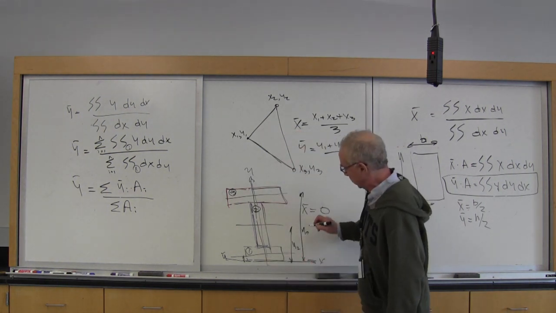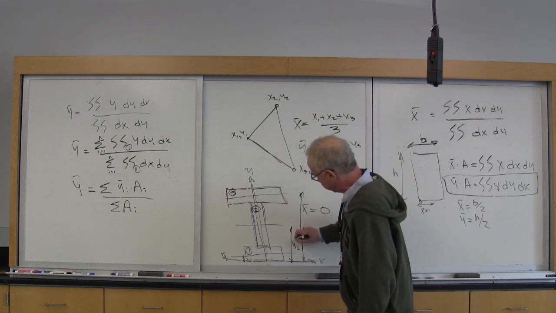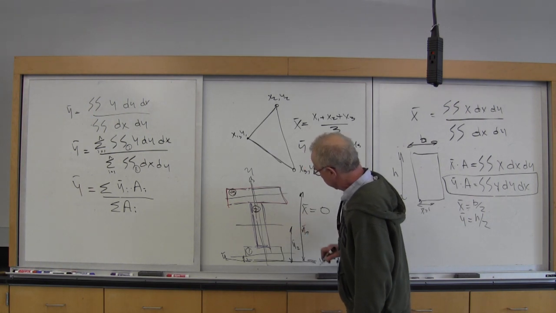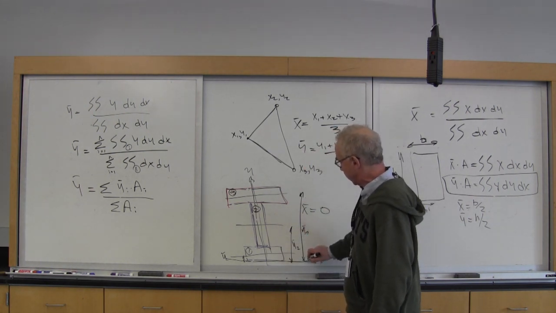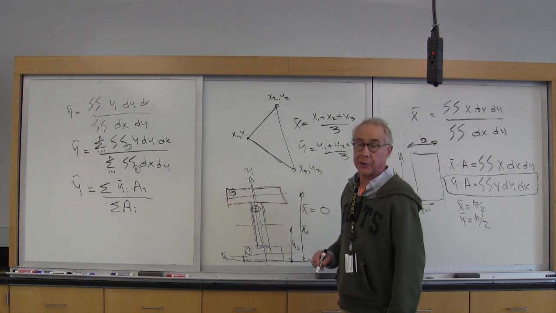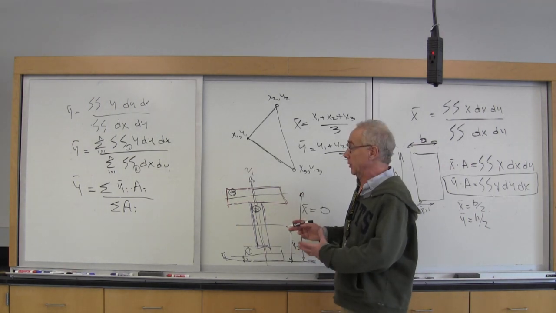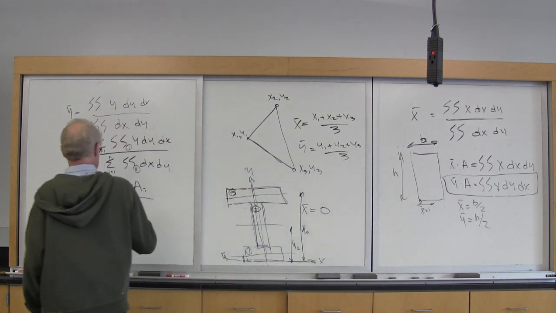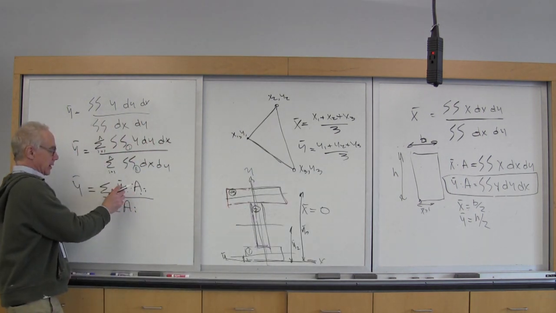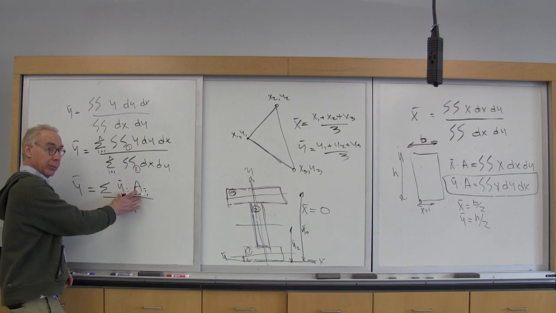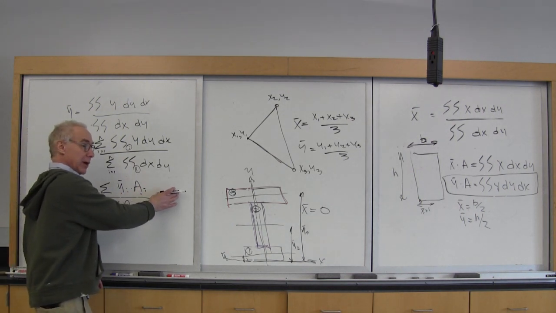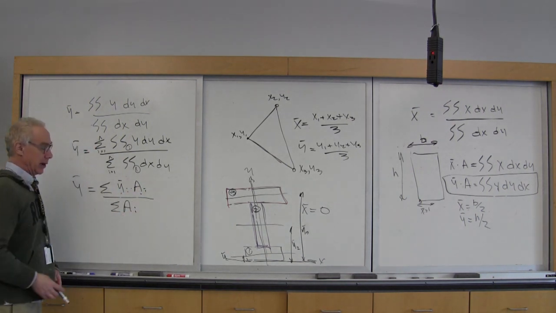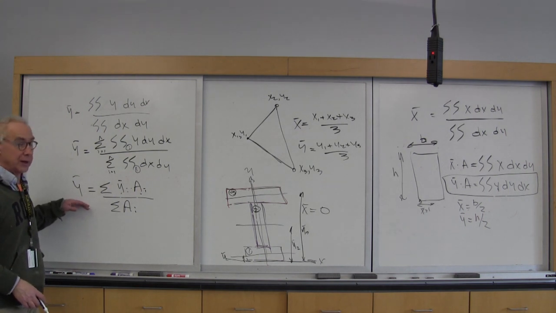And of course we need to remember these are centroids, so I'm going to put a little bar here. And so that would go from the bottom up to the middle of our third rectangle. So that's simply how you do it. It's a very easy technique. So you'll just be entering y i, a i, and then y1 a1 plus y2 a2 plus y3 a3, and then adding up the areas, and that'll give you your y centroid.